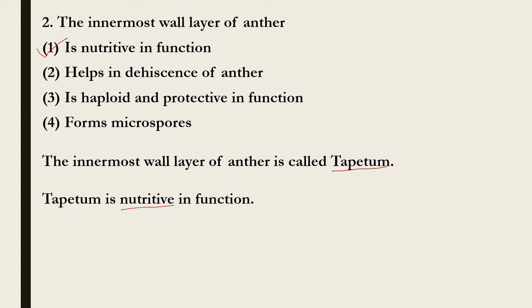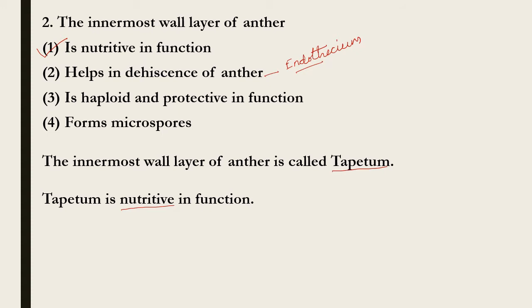And here, the second option, helps in dehiscence of anther, is the function of the endothecium. The endothecium wall layer of anther is helpful for dehiscence, the breaking of anther after maturity.